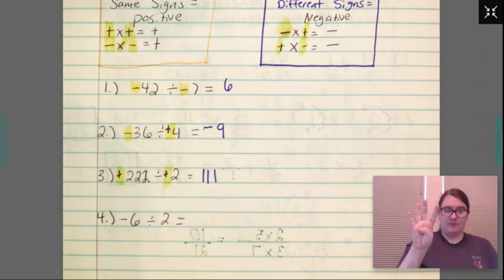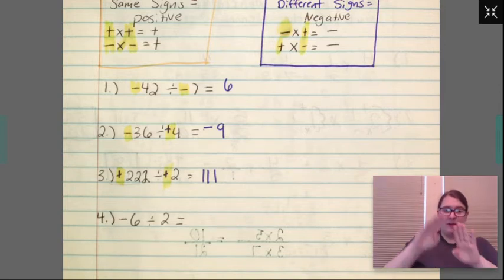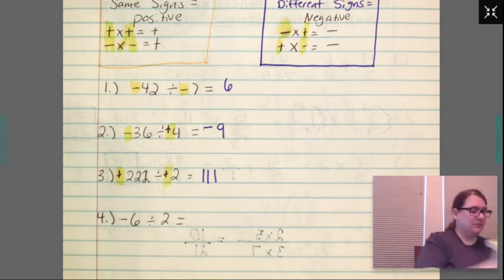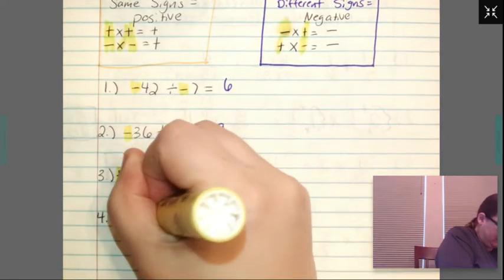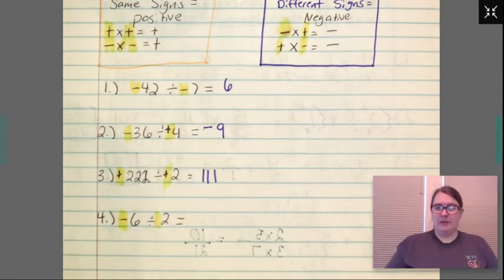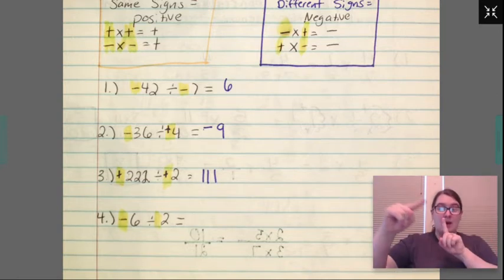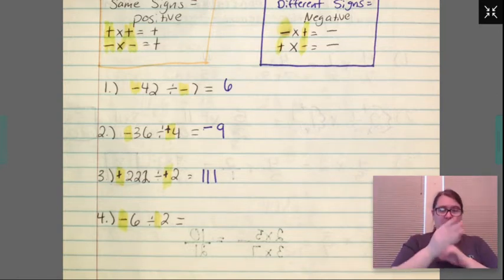Okay, number 4. Negative 6 divided by 2. All right, so let's see. What are our signs? Okay, I have a negative and a positive because there's nothing there.